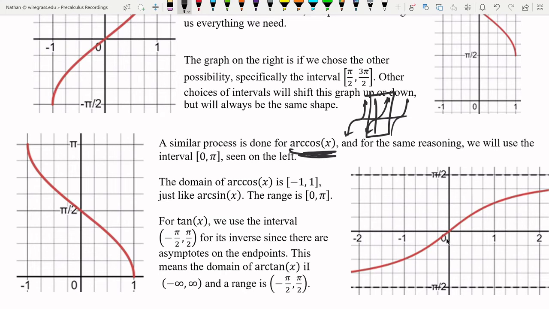When you flip it, you get negative infinity and positive infinity on the domain. And now the range is bounded between negative pi over 2 and pi over 2. Of course, at negative pi over 2 and pi over 2, tangent has asymptotes, which means that arctangent, which is what this one is, will never reach these values.